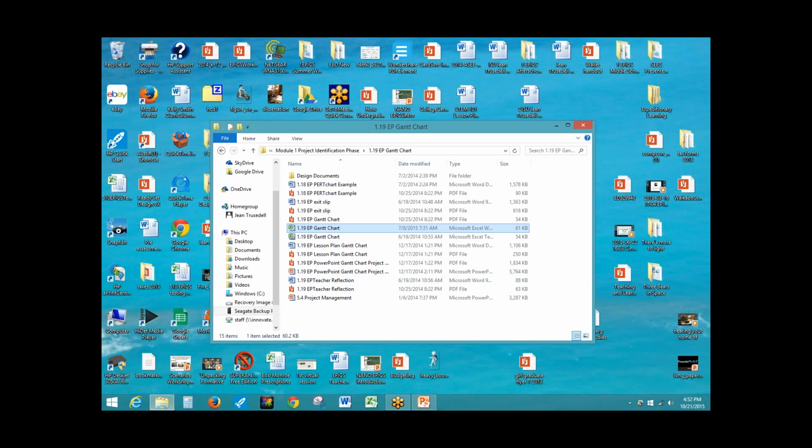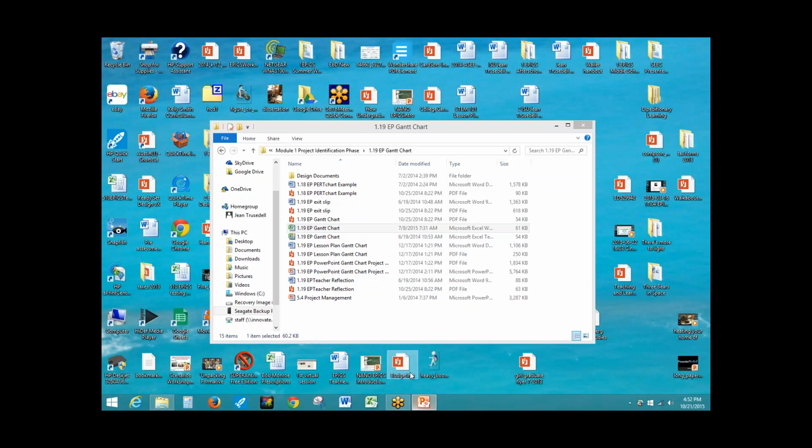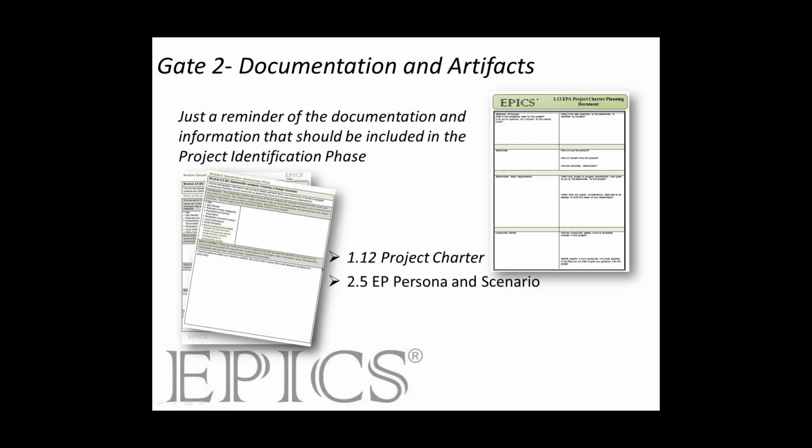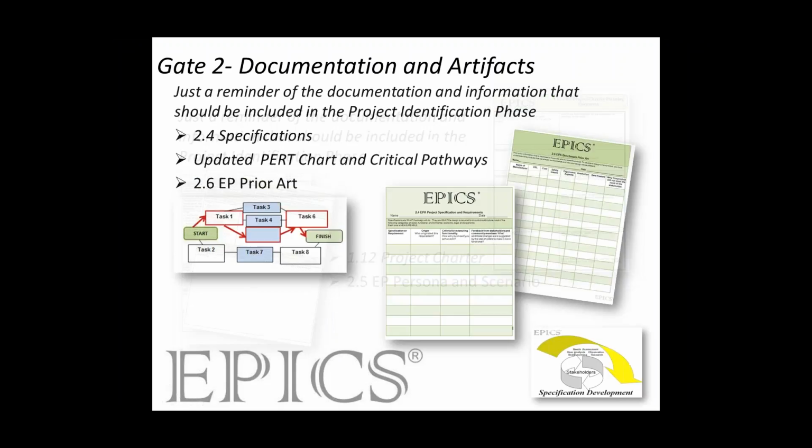Now with the PERT chart, are you able to add more tasks? Oh, yeah. With the PERT chart, remember, I think we talked about this at the workshop, if you use Popplet, once you've made a Popplet, there is a document in the Teacher Toolbox that will show kids how to make a Popplet.